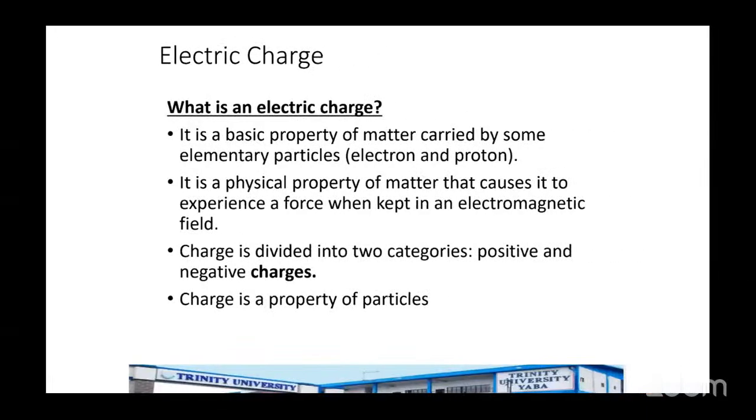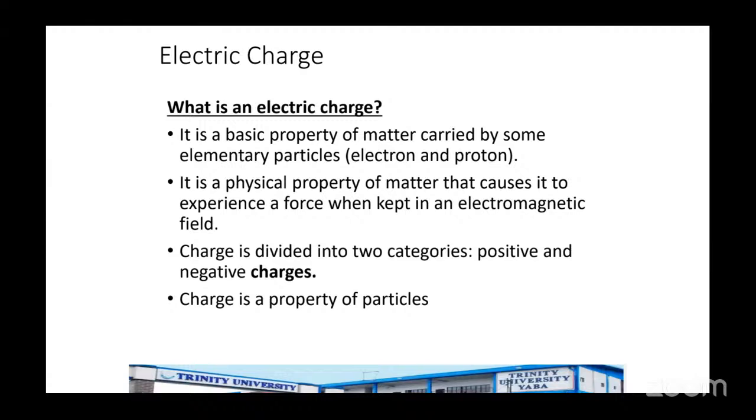Now, what is an electric charge? An electric charge is a basic property of matter carried by some elementary particles, such as electrons and protons. Now, how do we know an electron?